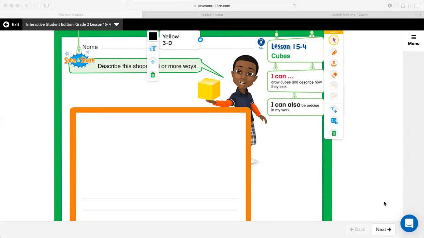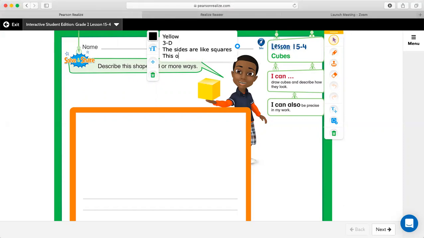I would say that the sides are like squares. These are the sides. They're squares. I would say that this object, or shape, I should say, looks like a box. That's what I thought when I looked at it.